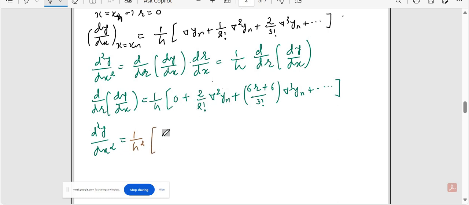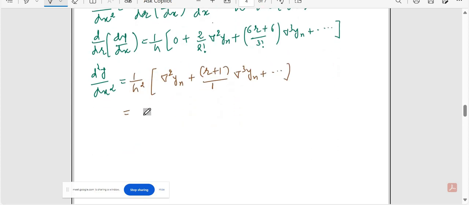Then this will be 2 by 2 factorial, so Δ square yn plus 6 is outside, so r plus 1 divided by 3 factorial. 3 factorial means 6, so 6 will be cancelled out, so 1 we have, Δ cube yn and so on. So our final answer is 1 upon h square Δ square yn plus r plus 1 into Δ cube yn, and continuing this way you will get your final answer.